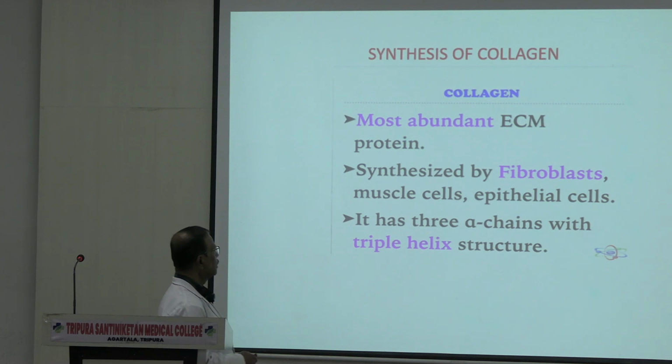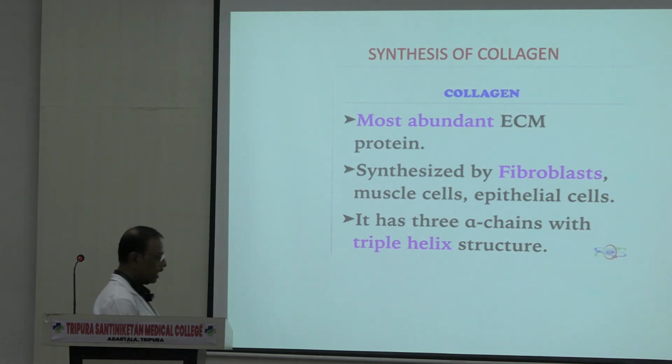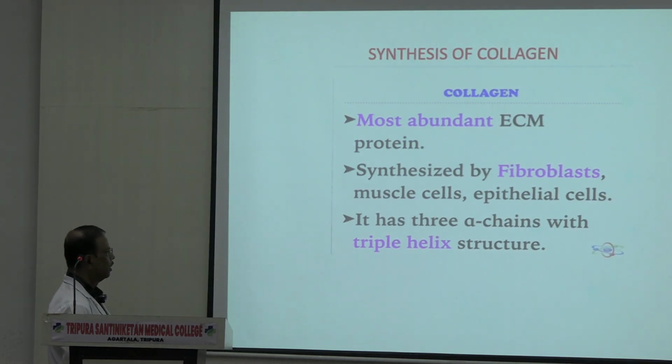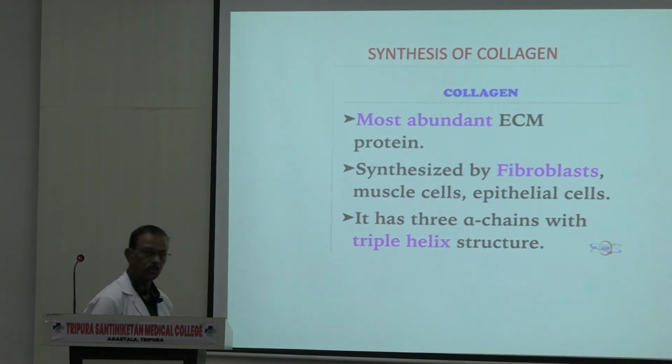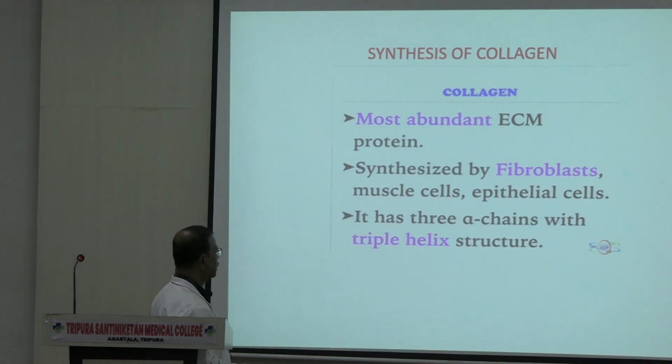Now, collagen is synthesized by the fibroblast. Muscle cells and epithelial cells also synthesize it to some extent.